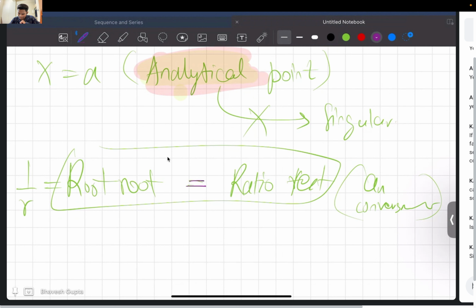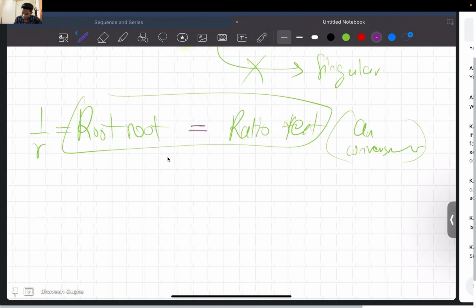The word which I used, very close, I mean, very close in the sense they are equal.